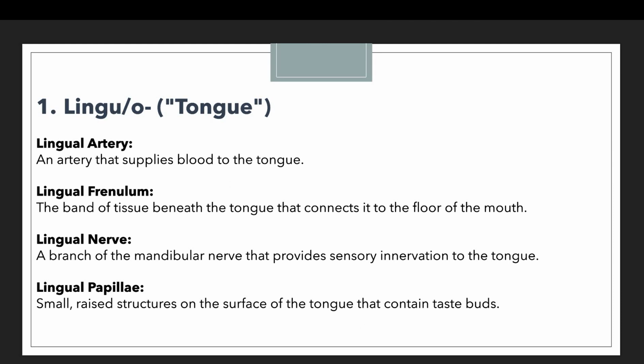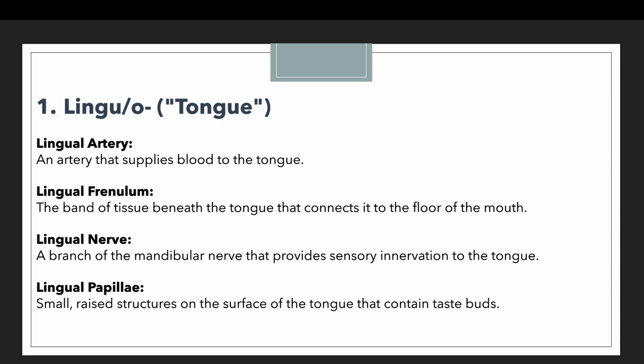Let's say for tongue, lingu is used. It totally depends on the situation which keyword or prefix you have to identify. So today we are discussing lingu or linguo, a prefix which we use in order to denote the tongue.